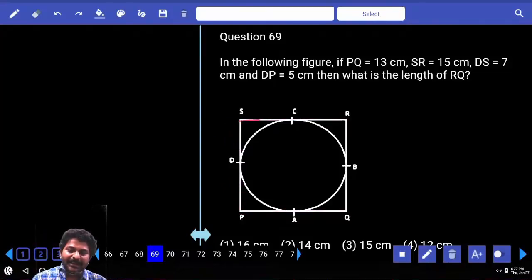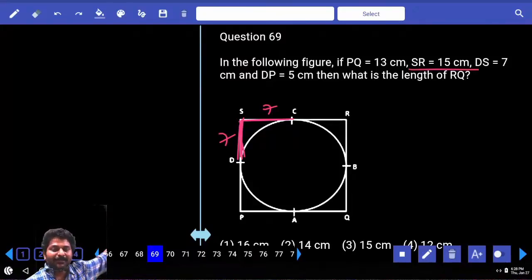For this circle, can I say SC and SD both are tangents? Their lengths must be equal, right? DS is mentioned as 7. Then SC must be equal to 7 only. SR is equal to 15. Out of 15 already we have taken 7. The other value is 8.